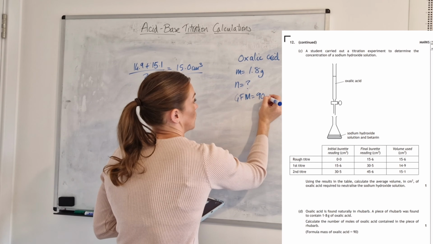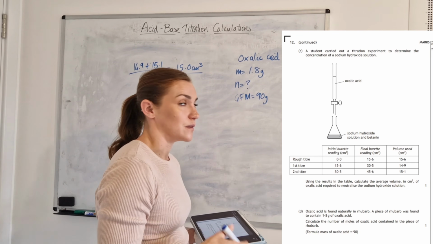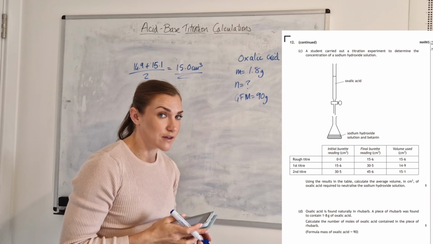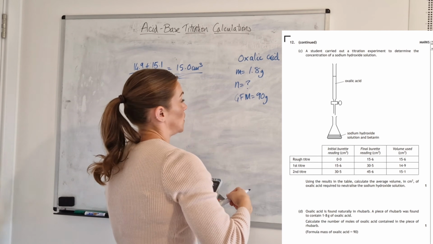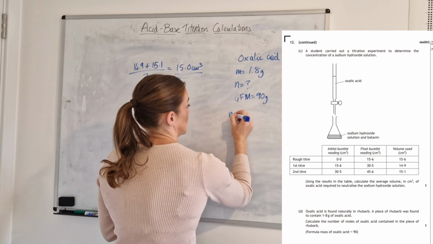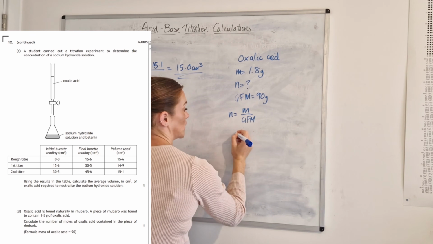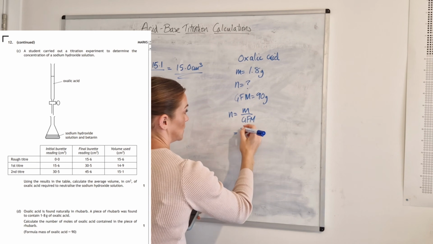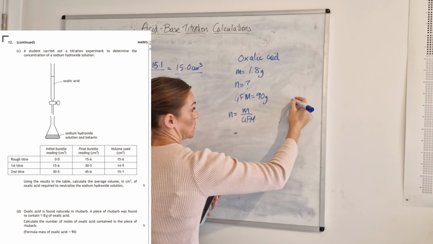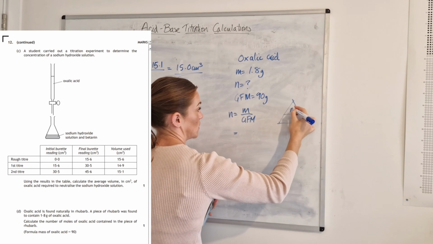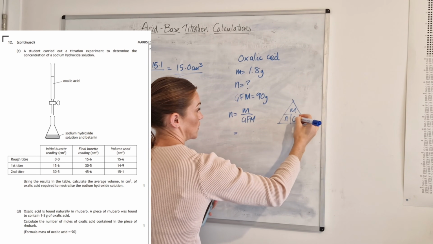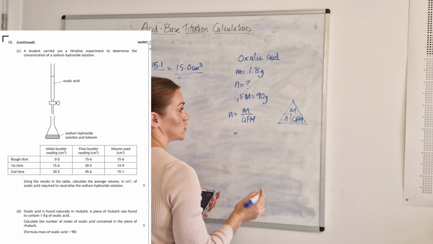So by writing down all the numbers it's given us, we can see that we actually need to use the n, m, GFM relationship here. So n is equal to m over GFM. You do get that at the front of the data booklet if you ever do forget it. And then of course you've got the triangles that you can try and learn if you wish.